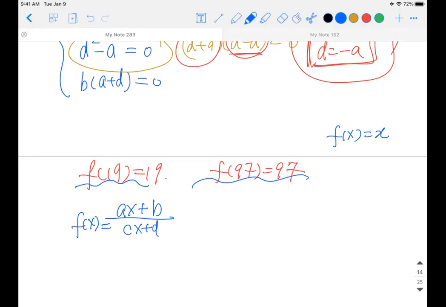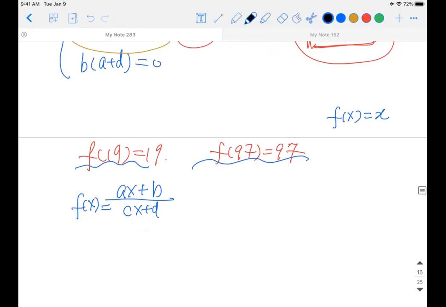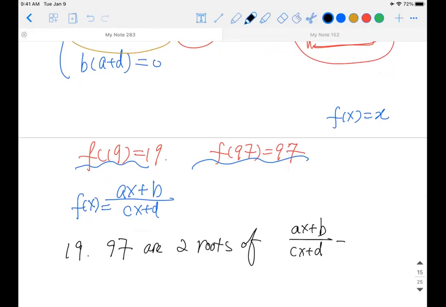So that being said, maybe I can say that 19 and 97 are the two roots of (ax plus b) over (cx plus d) equals x. Is it right?